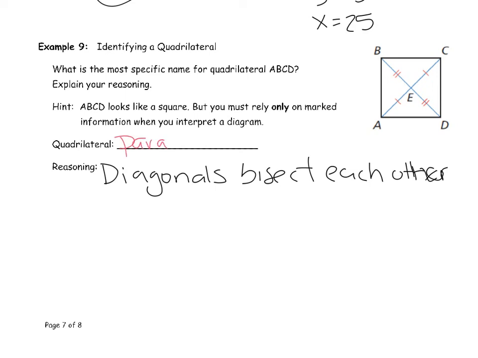So all I can say is that this is a parallelogram. I can't go any further. The reason why we can't go any further is because there's no more information given about the side lengths. I don't know anything else about the side lengths, and I don't know anything about these angle measurements. So I can't determine further if it could be a rectangle, rhombus, or a square. So all I got is that it's a parallelogram.